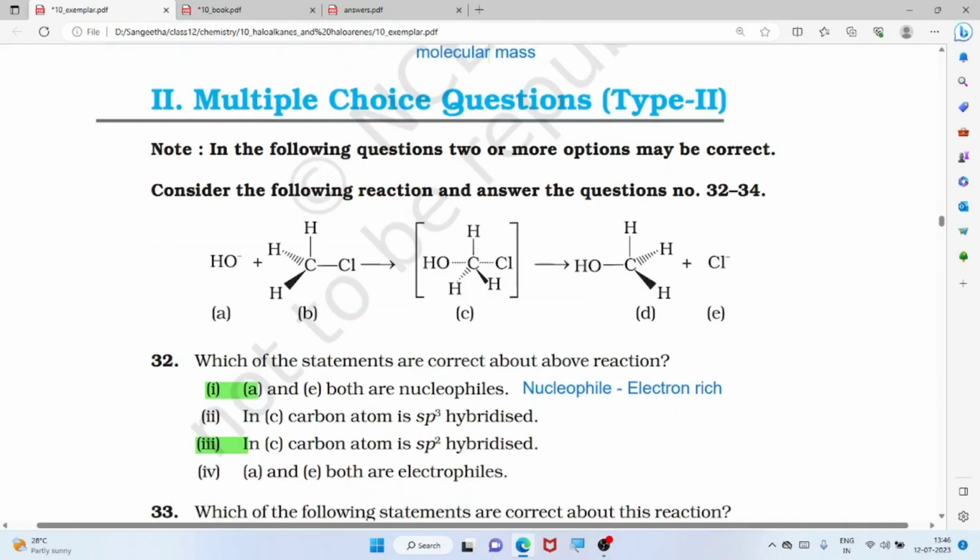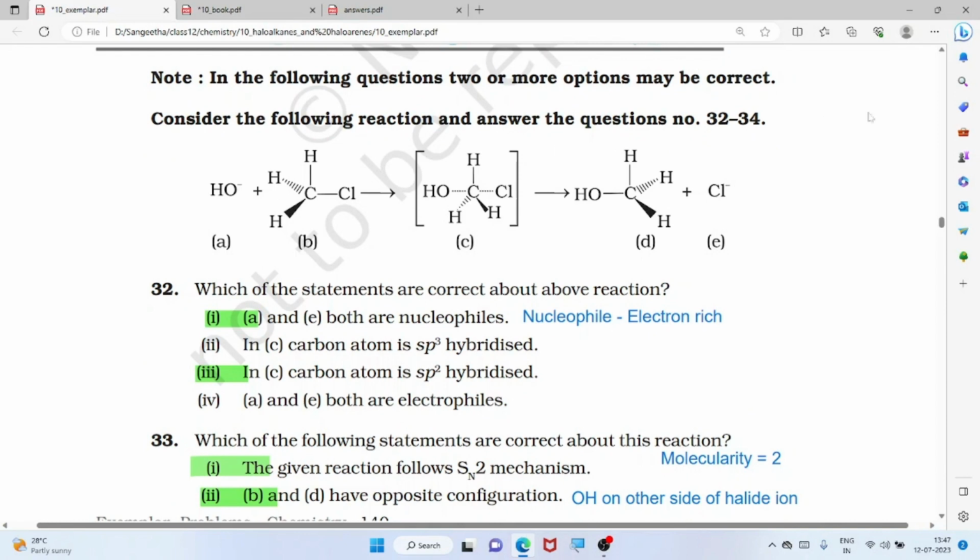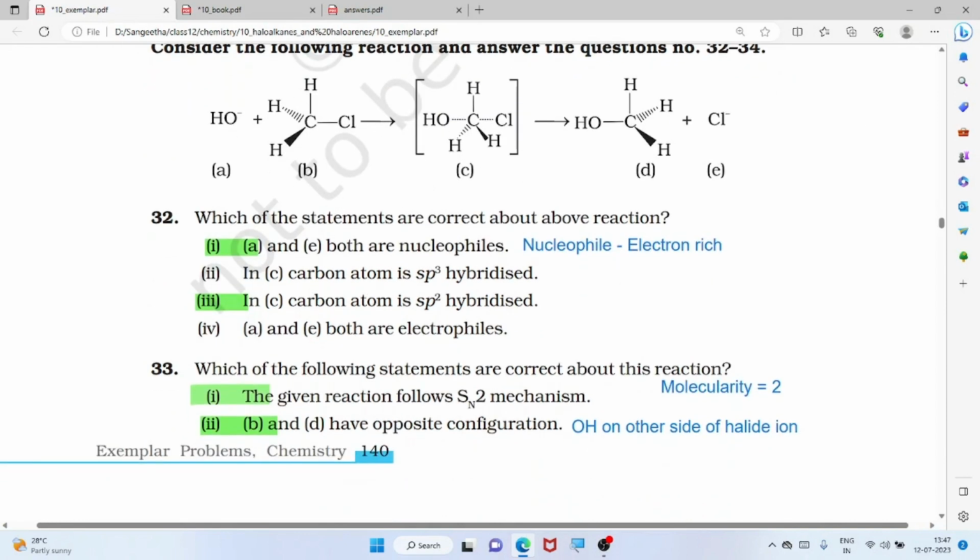Multiple choice questions. In the following questions, 2 or more choices may be correct. Questions 32, 34. Which of the statements are correct for the above reaction? This is the reaction. So here A and C are both nucleophiles. That means it loves the nucleus, that means it is electron rich. A nucleophile is electron rich. That is why it loves the nucleus, which is positive.